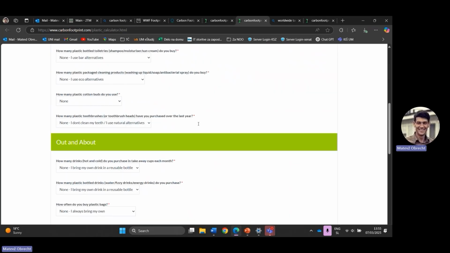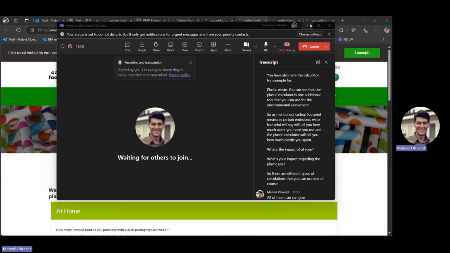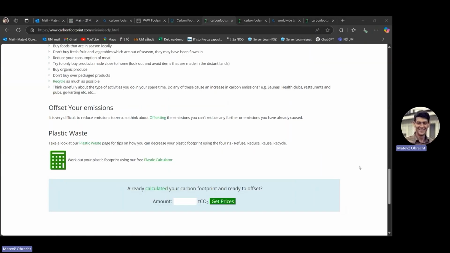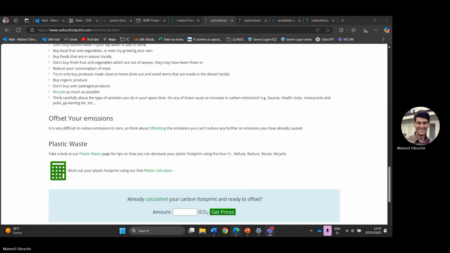So there are different types of calculations that you can use, and of course all of them can give us a very valuable insight of what we are doing and how efficient we are regarding the environmental performance.